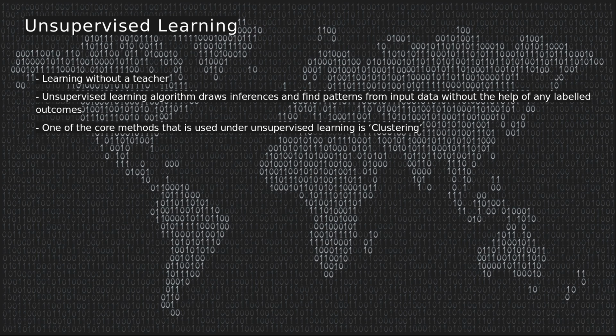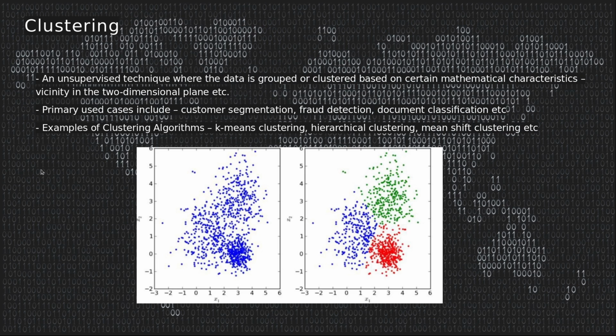So what the algorithm will do is perform some observations or calculations based on that data set itself and try to cluster them. Cluster in a sense, try to group them based on certain observed properties, not based on labeled data.